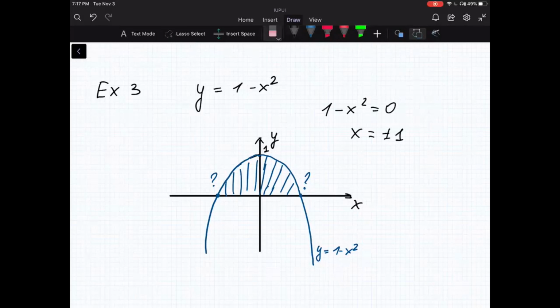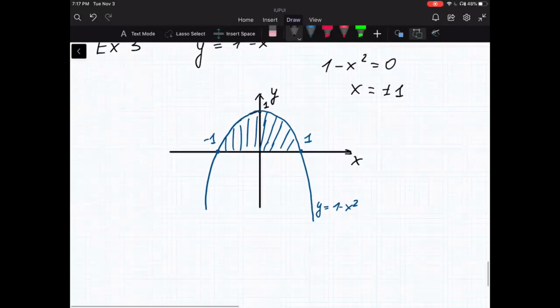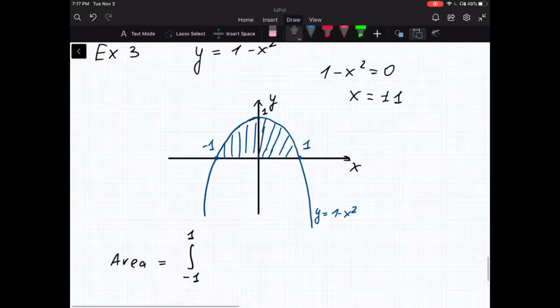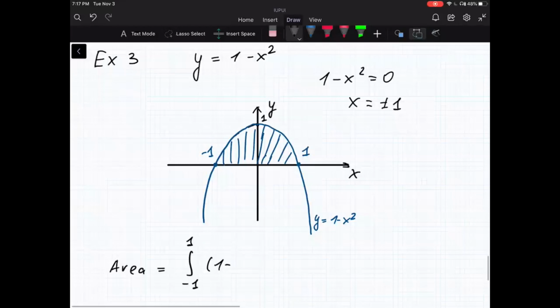So this point is in fact minus 1, while this one is 1. And thus my area will be the definite integral from minus 1 to 1 of f of x, which is 1 minus x squared, dx.